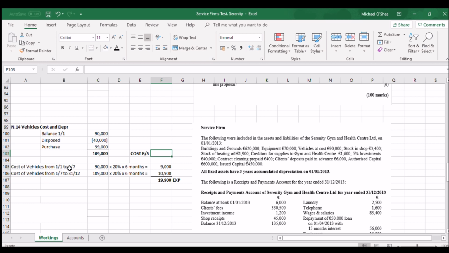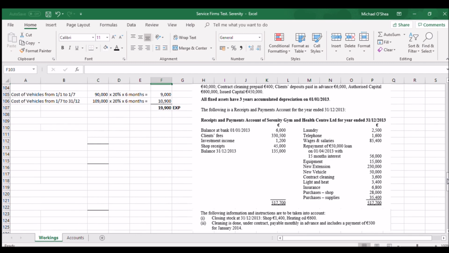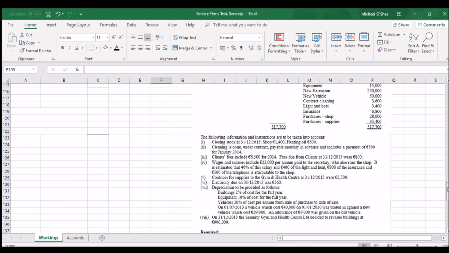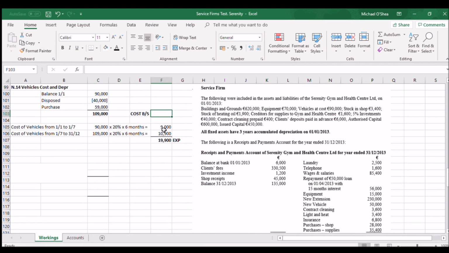So for the first 6 months, from the 1st of the 1st to the 1st of July, I have 90,000 multiplied by my depreciation amount, 20%. And that's obviously 6 months here, so that's my 6 months. That's giving me €9,000 depreciation. That was the first 6 months. And I know it's the first 6 months because the adjustment here says on the 1st of the 7th.